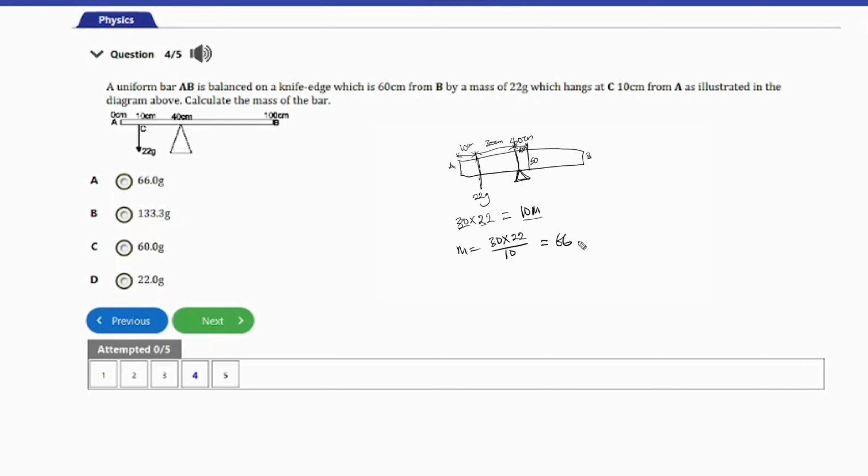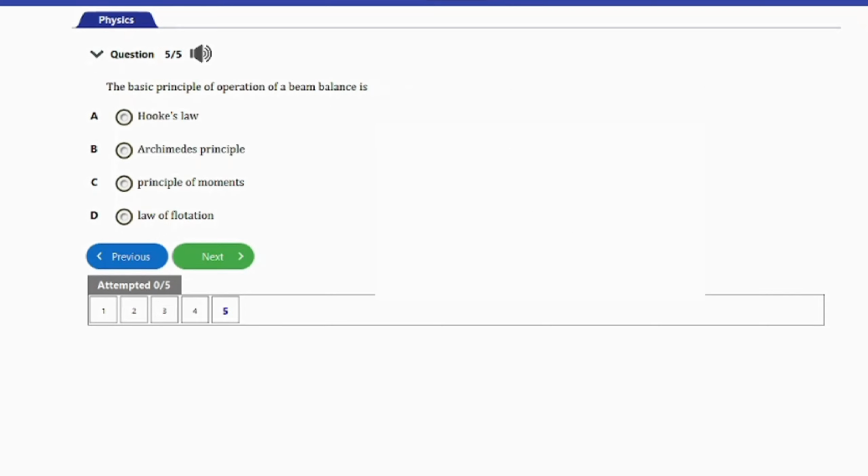So with this we have 660 grams over 10, and that would be 66 grams, and that's option A here, guys. Option A is the answer to this question. So let's go ahead and consider the next and last question, guys.